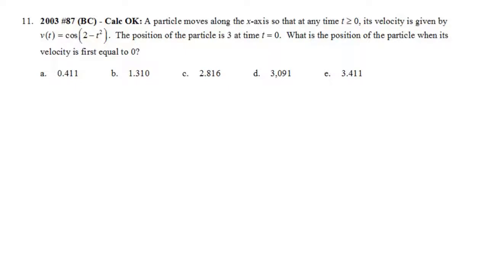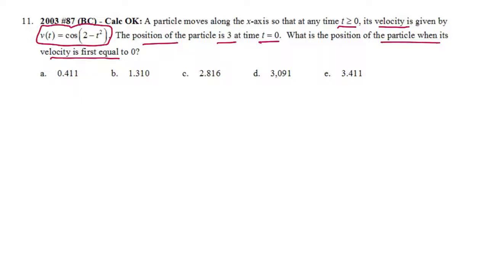All right, number 11, a particle moves along the x-axis for any time t greater than 0. Its velocity is given by all of this stuff here. The position of the particle is 3 at time 0. What is the position of the particle when the velocity first equals 0?